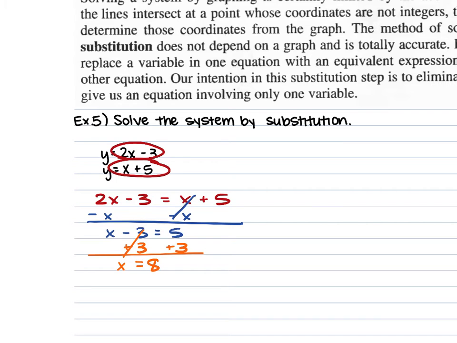Now I can choose either the top or the bottom original equation to solve for y. To me, the bottom one is easier, so I'm going to do y is equal to 8 plus 5. That 8 plus 5 is 13, so I have a y of 13. If x is equal to 8 and y is equal to 13, this gives me the ordered pair 8, 13, which is our solution.